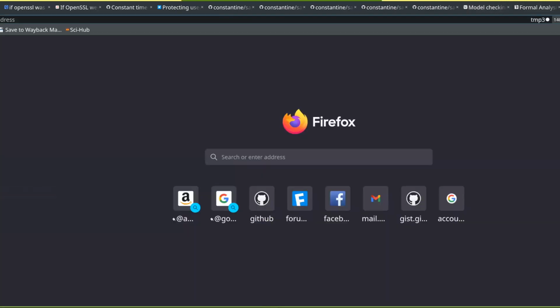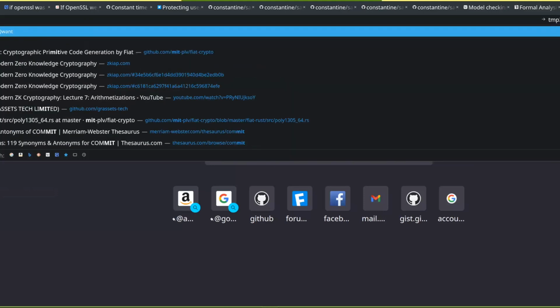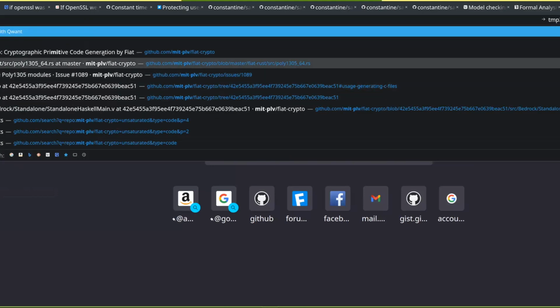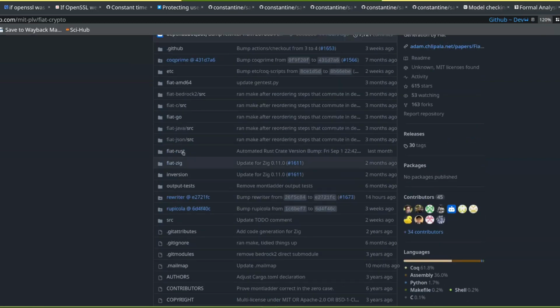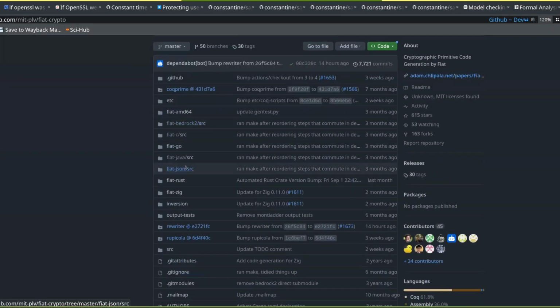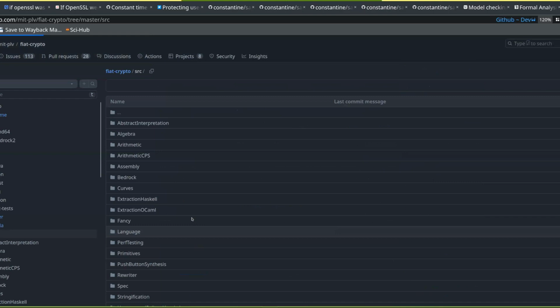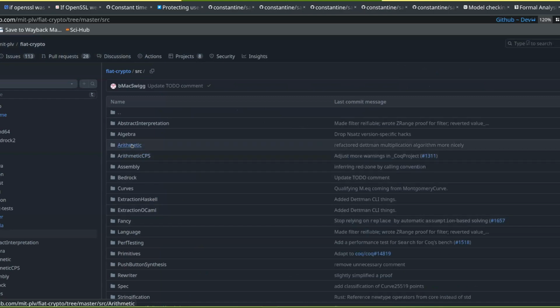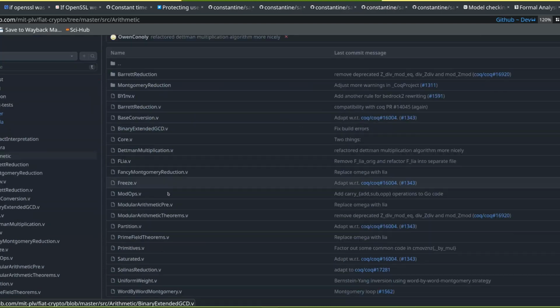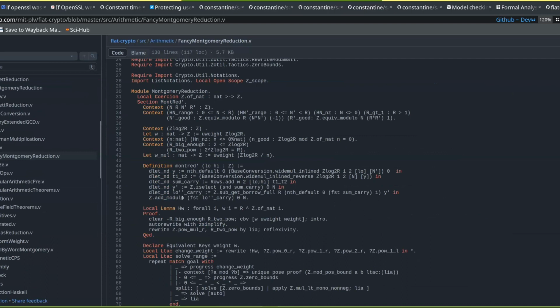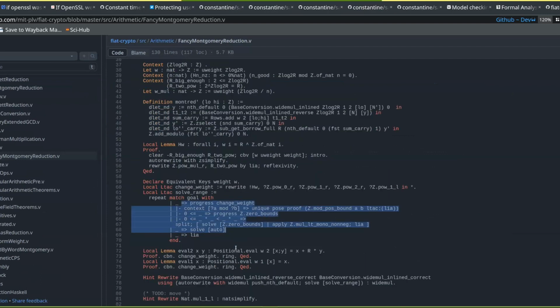And the elegant one is something that is used, for example, something called Fiat Crypto. It's called correct-by-construction cryptography, and if you look into the proof, you actually have a mathematical theorem.